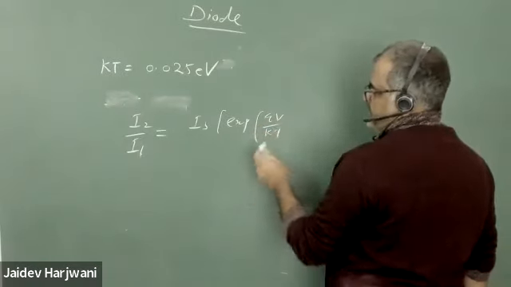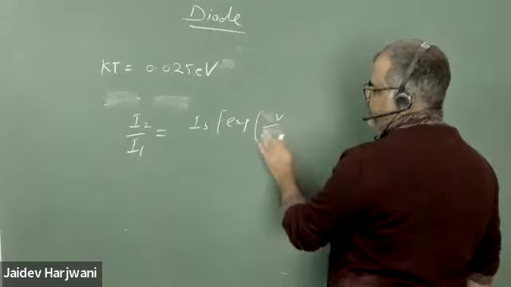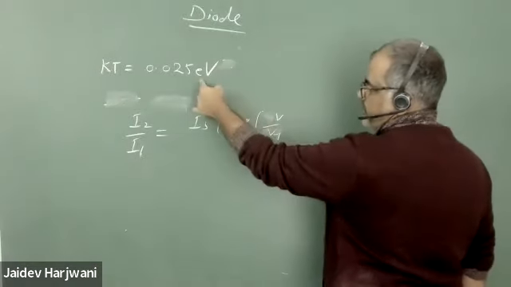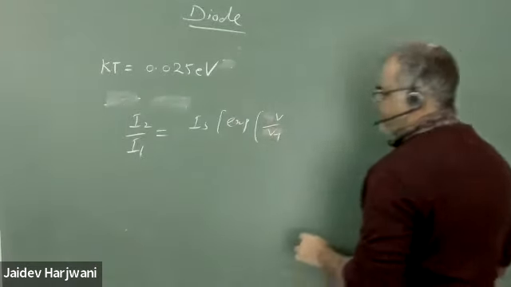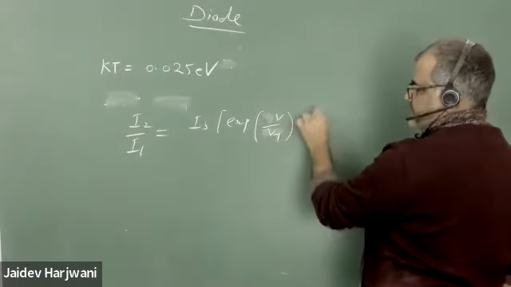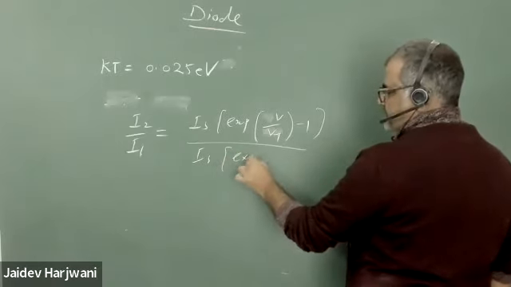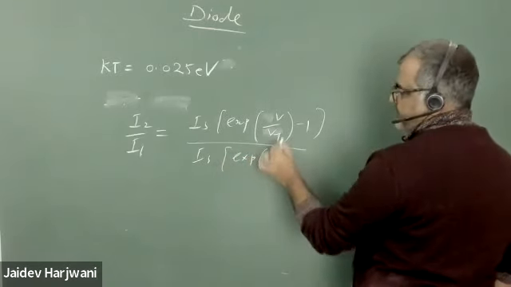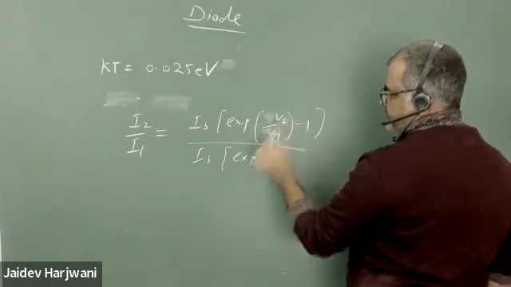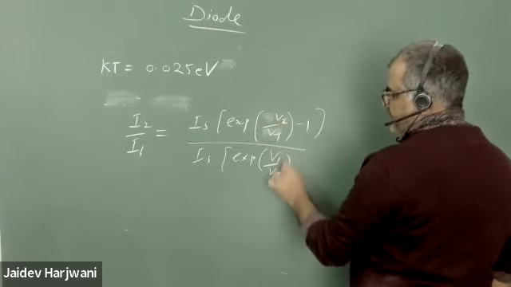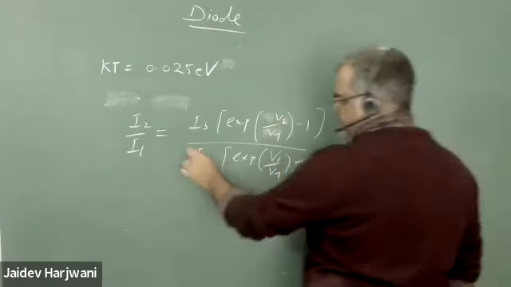Obviously they have given the value of VT to you, 25 millivolts, minus 1. And again, IS exponential of V1 upon VT minus 1 for the first case, and V2 for the second case.